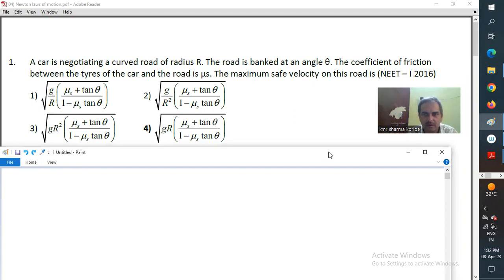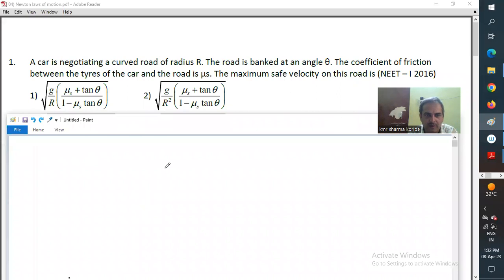Whenever the car is moving along the curved path, let us say your car is on the highway moving with the maximum permissible speed.